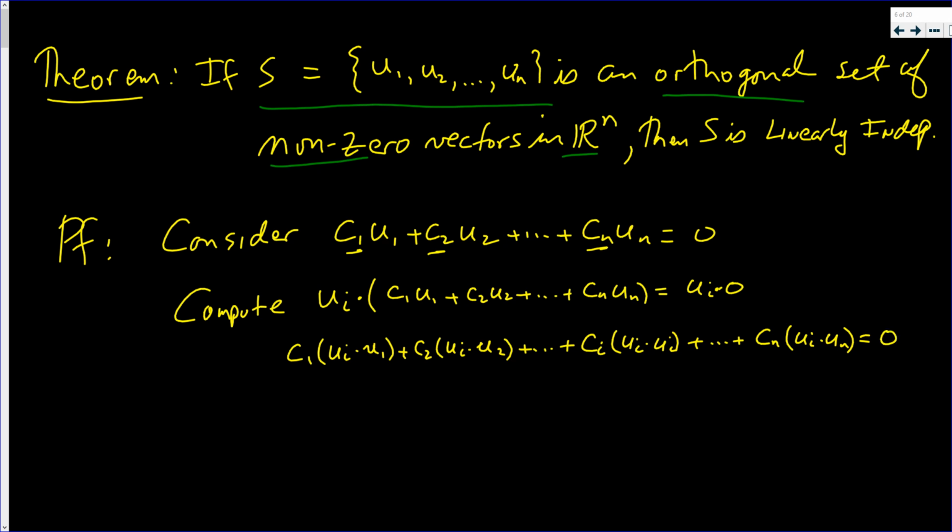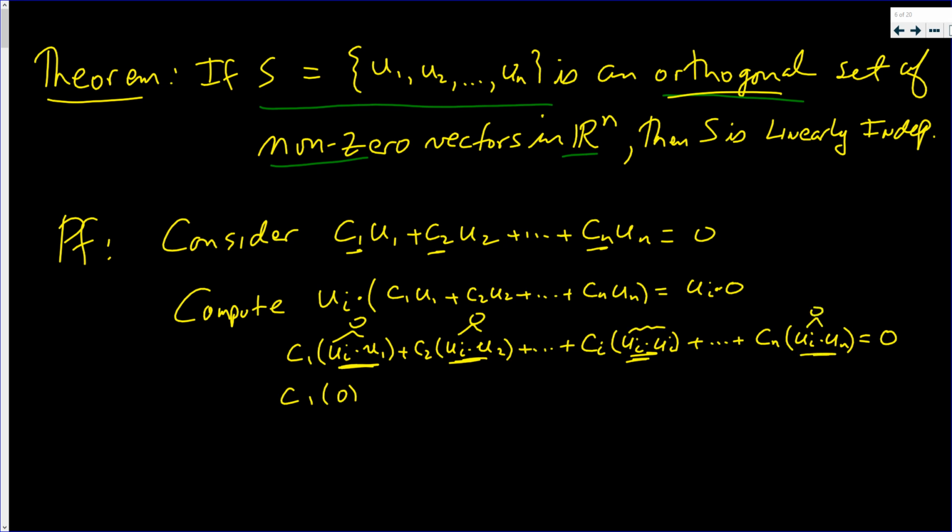And this is 0. Now, we know that each of these is 0, because in an orthogonal set, you dot any two different vectors, you get 0.